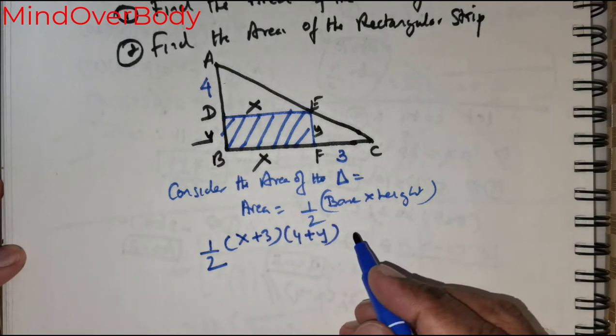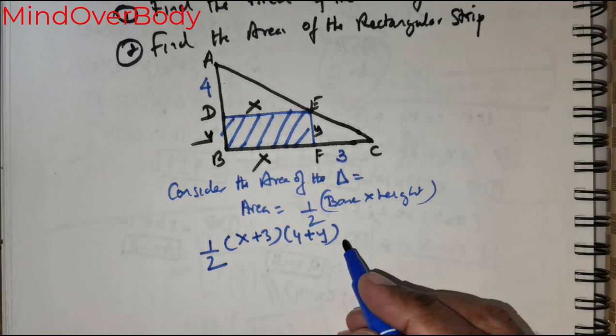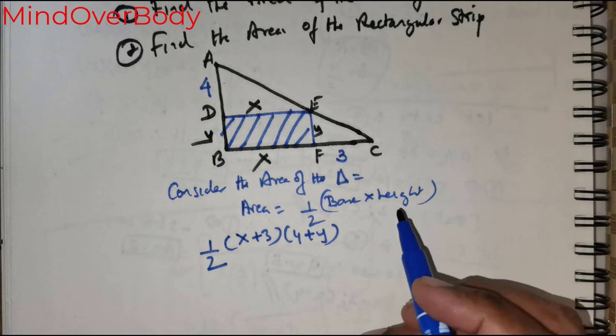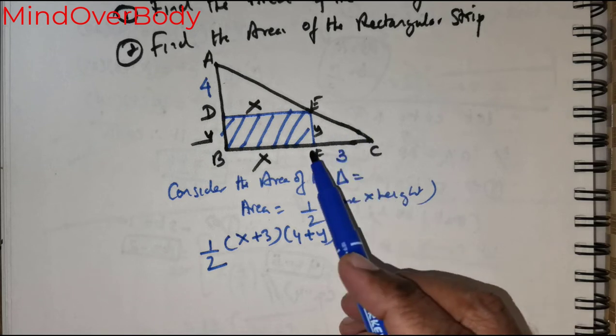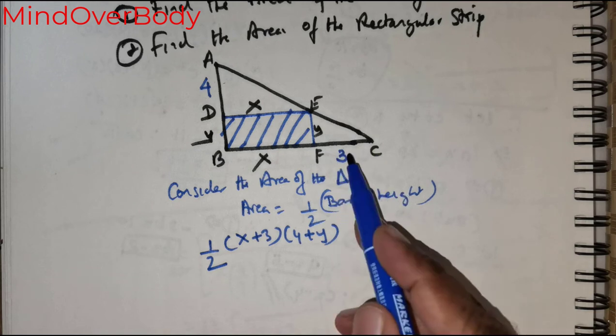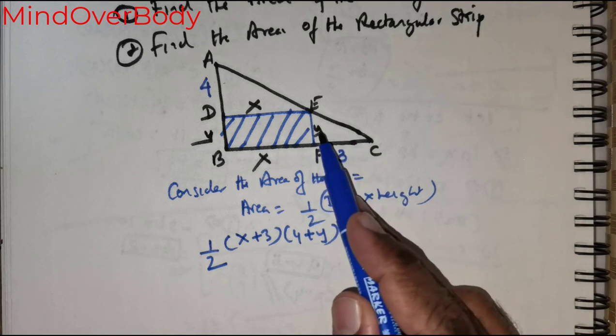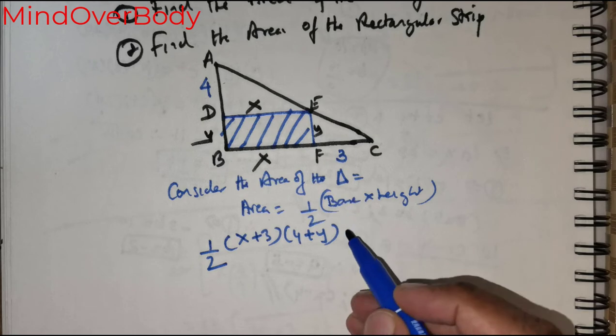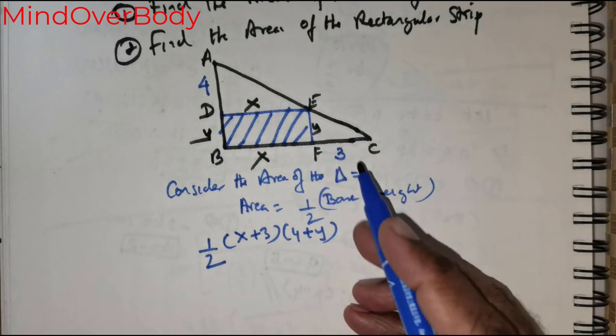Now from this, I would like to take away the following portions. So let me just take away this portion. I would like to take away this triangle from the entire triangle.